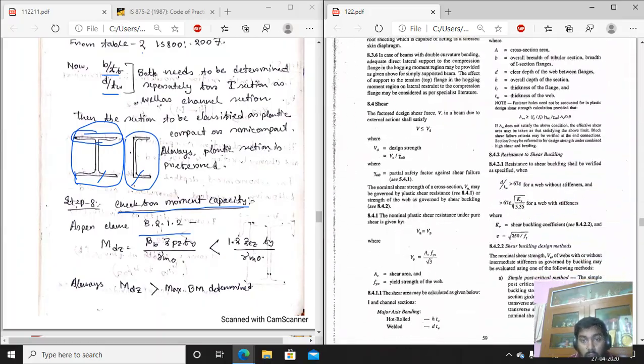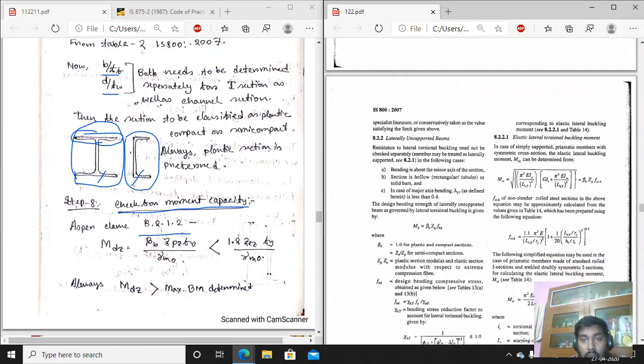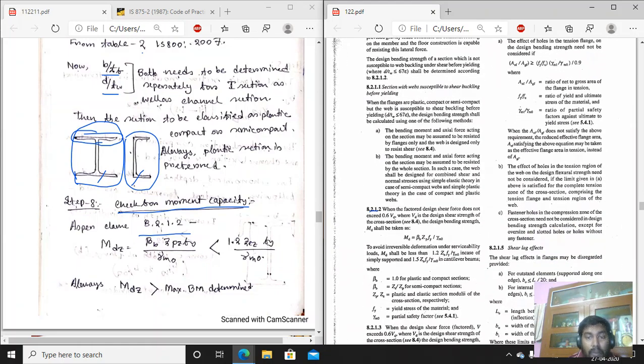I think here. Okay, 8.2.1.2, I have got it. Now the moment capacity is determined by the following formula. Md is equal to beta b Zp fy by gamma m0. Now only when the factored design shear force does not exceed 0.6 Vd.